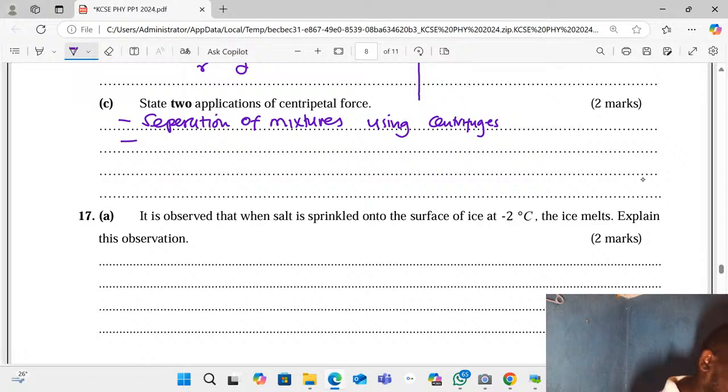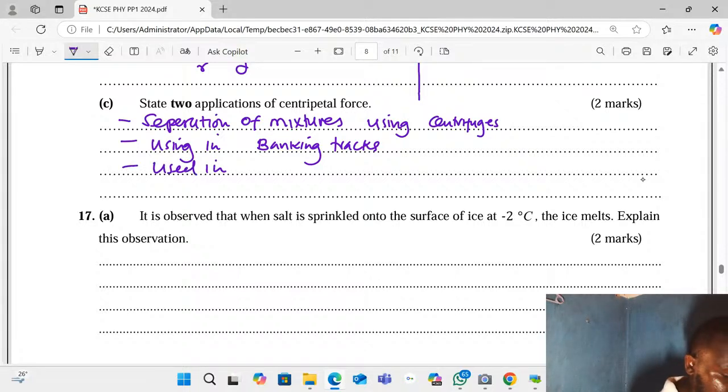It's also used in banking, in banking of tracks. It is also used in construction of speed governors.